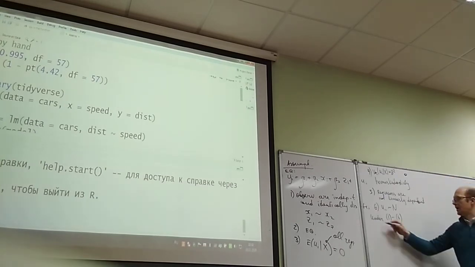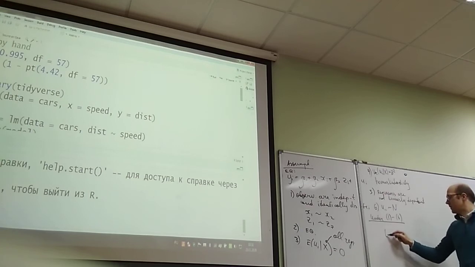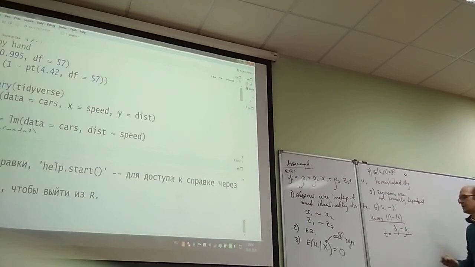we have stated that if I calculate beta hat minus the true value of beta divided by something that is called the standard error of beta hat, this T statistic has which distribution? If it's T statistic, it has Student distribution.